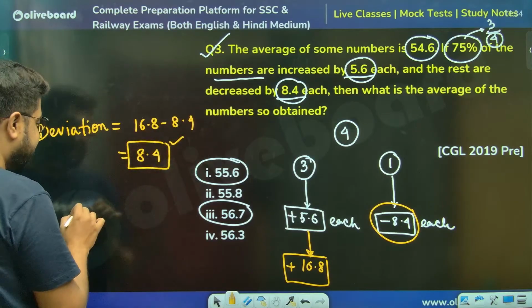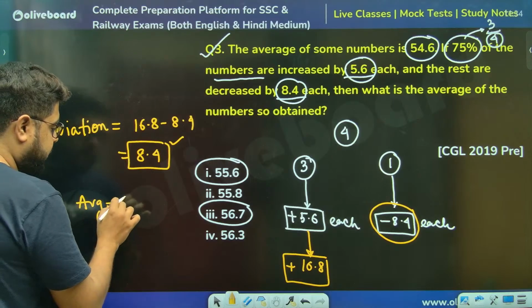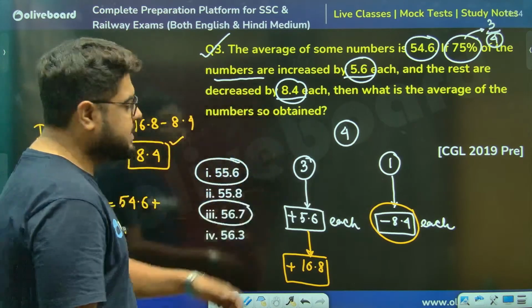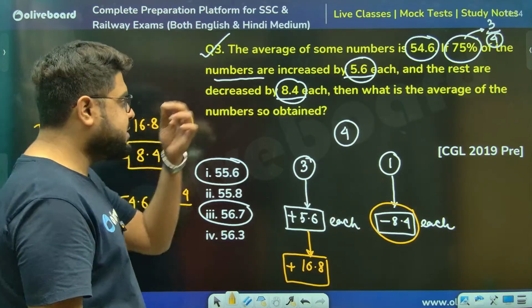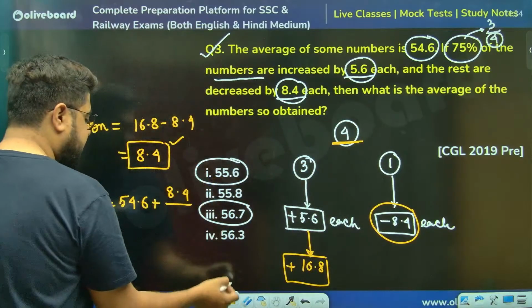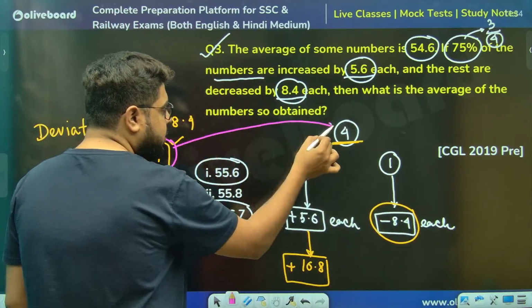So, new average, sir. 54.6 was the old average plus whatever is the deviation divided by whatever is the number of numbers. How many numbers, sir? Because this deviation will now get distributed among these 4 numbers.